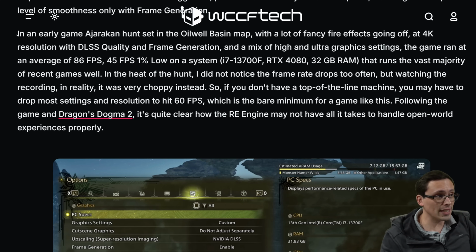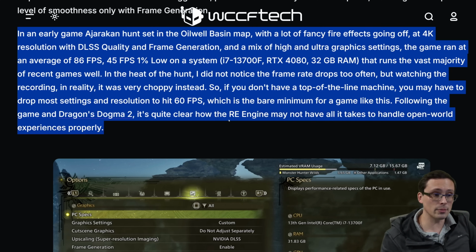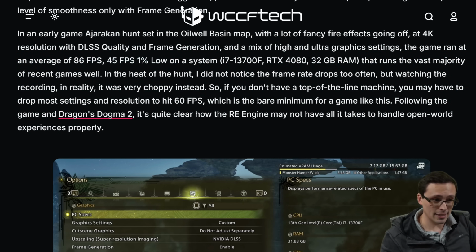Some of the most specific information I could get actually comes from the WCCF Tech review, where it sounds a bit rough to me. Now, they're gaming on an i7-13700F and RTX 4080 with 32 gigabytes of system RAM. That is an extremely high-end and expensive system.